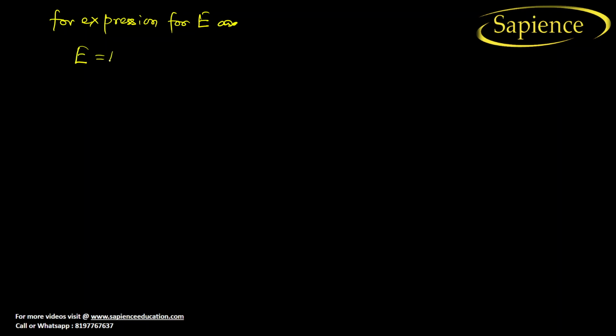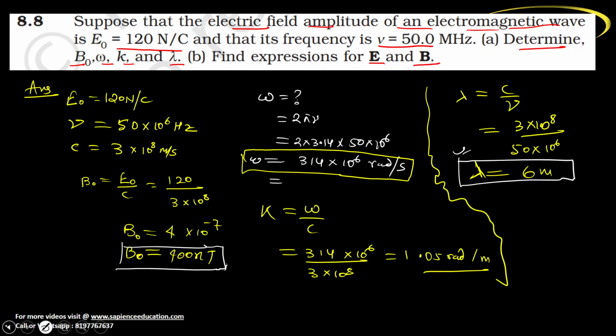E will be equal to the maximum electric field, that is E naught into sine of kx minus omega t, into j direction, right? Let us suppose this is the j direction, because we can consider the propagation of the wave in the x direction. So x means i direction, and the electric field will be in the j direction.